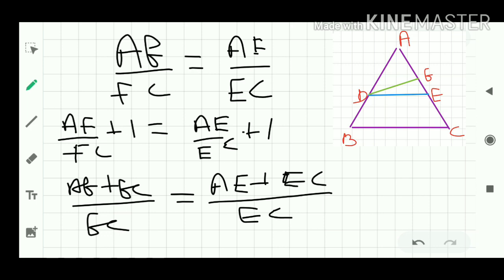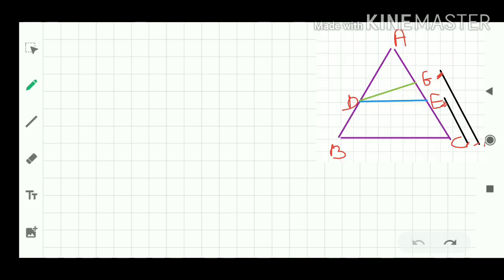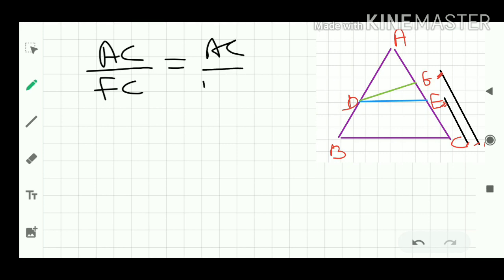So clearly we see in the picture AF plus FC becomes AC, and also on the right hand side AE plus EC also becomes AC. So we write AC by FC equal to AC by EC. This implies FC equal to EC.